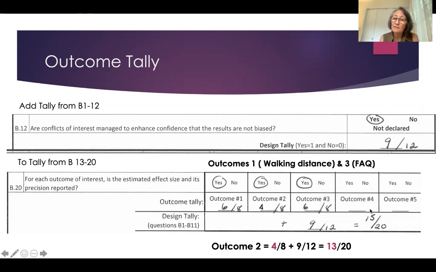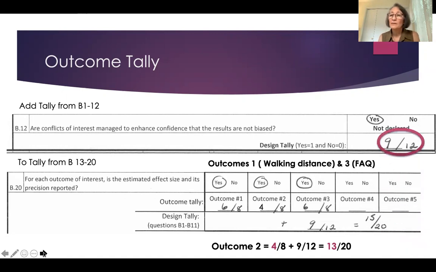So we have a slight difference, right? Walking distance as an outcome within this study has about 75% of the items reported as having been done, whereas our tally for the up and down stairs is a little bit lower at 13 out of 20.